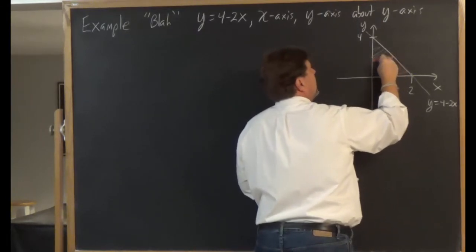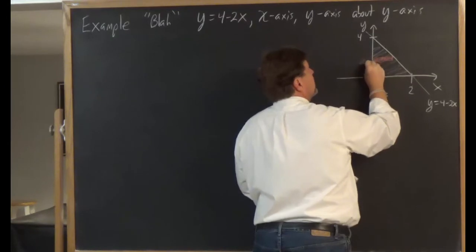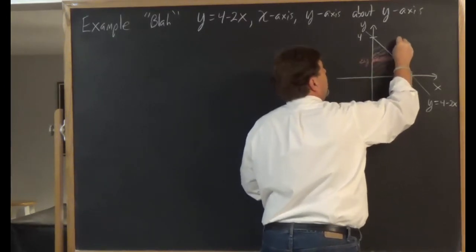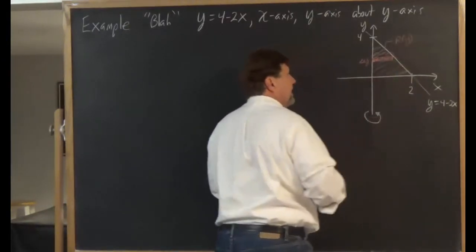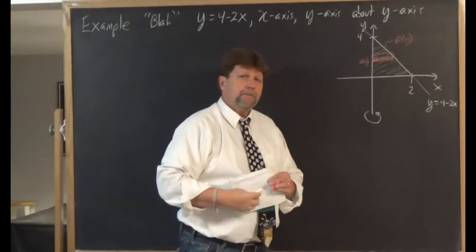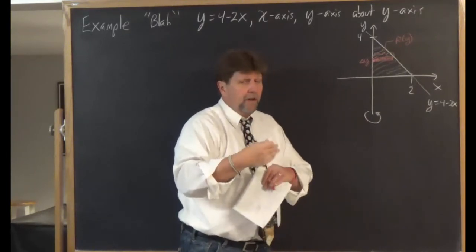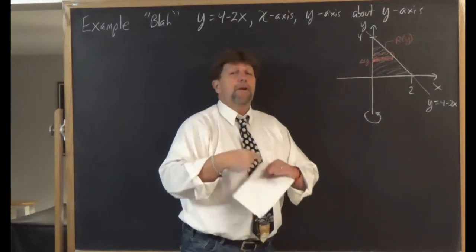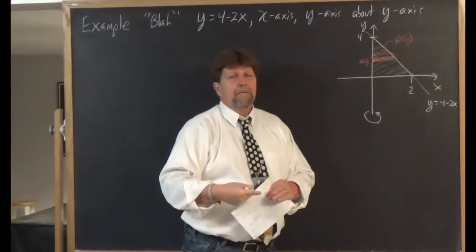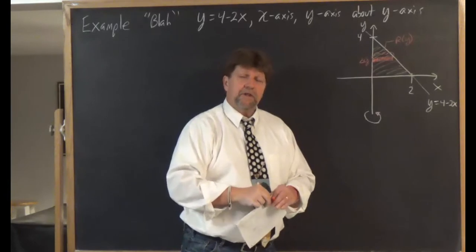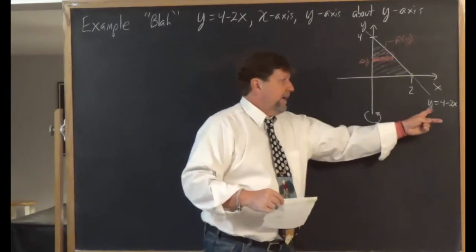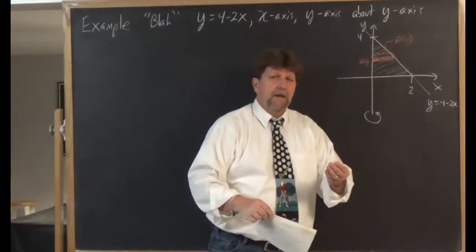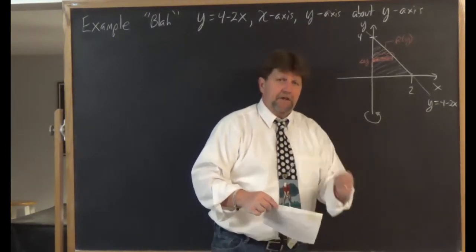Let me shade it in. Remember, the base is delta y. The height is a function of y. So we have to take the line y equals 4 minus 2x and rewrite that as a function of y. We saw this in the prior section. It's pretty easy for this one. We just have to take y equals 4 minus 2x and solve it for x, because we can think of x as being that function of y.